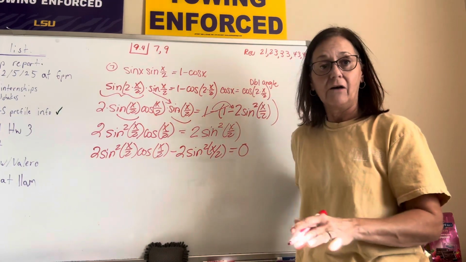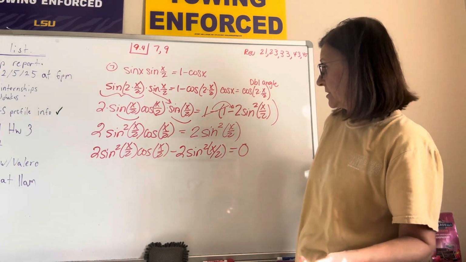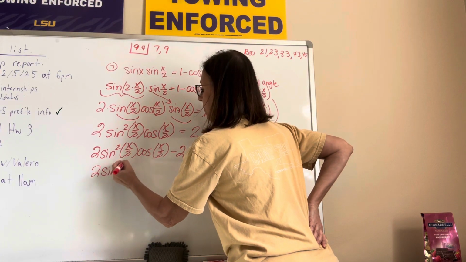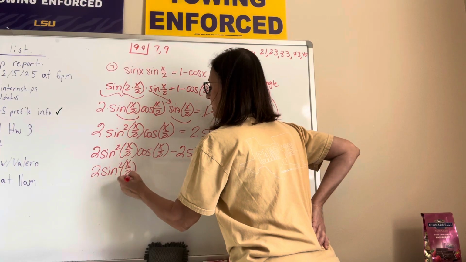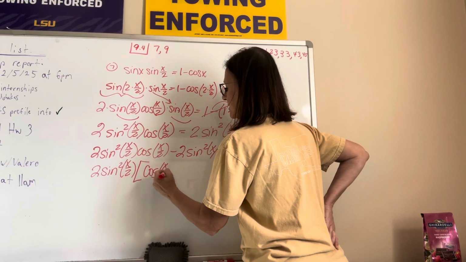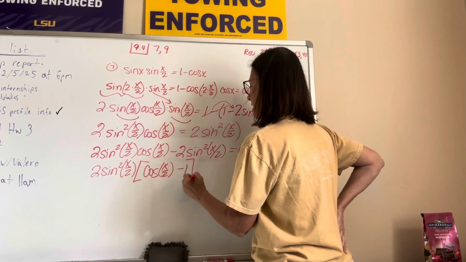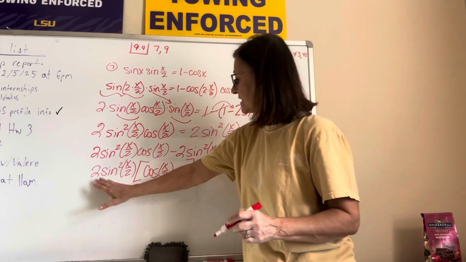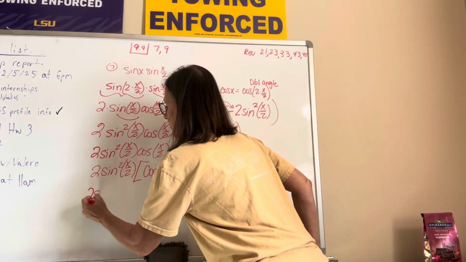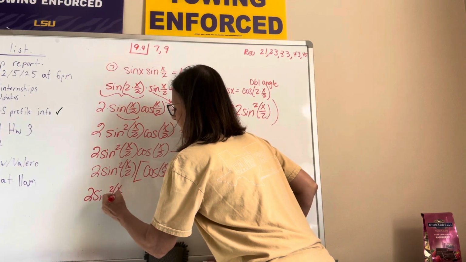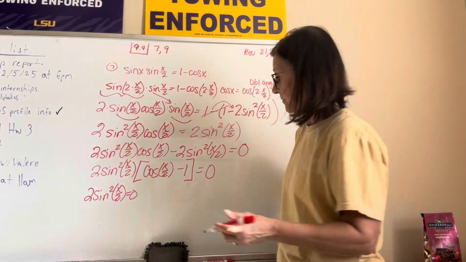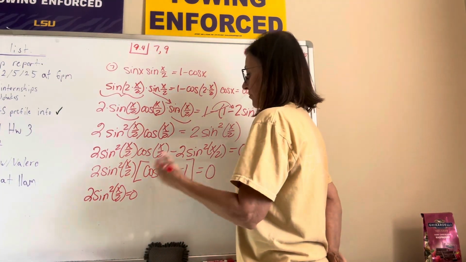Now I can factor out that 2 sine squared x over 2 times cosine x over 2 minus 1 equals 0. Now you can set each term equal to 0 and solve it. So you just do 2 sine squared x over 2 equals 0. That's just sine of x over 2 equals 0. And then you look at it as u.